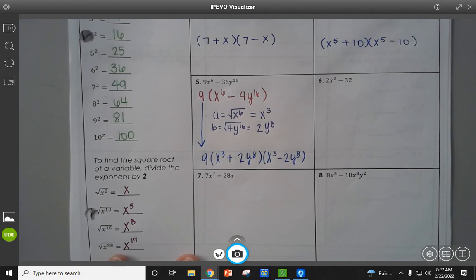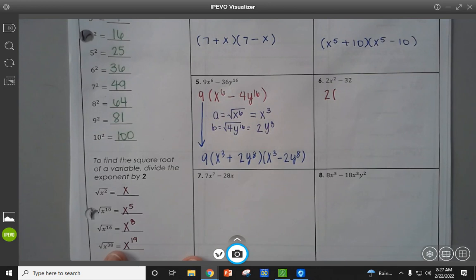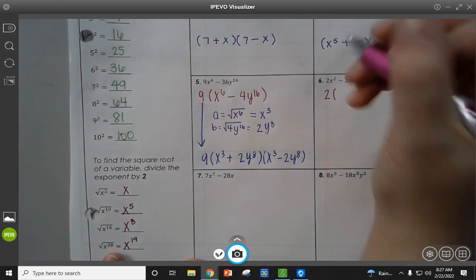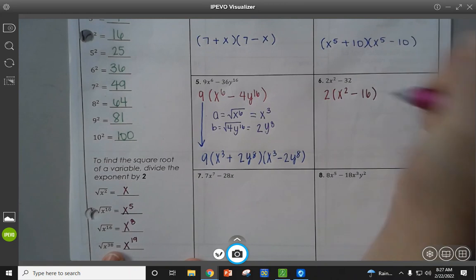Any questions? All right, number 6. Is there a GCF? 2. When I divide everything by 2, I'm left with x squared minus 16.